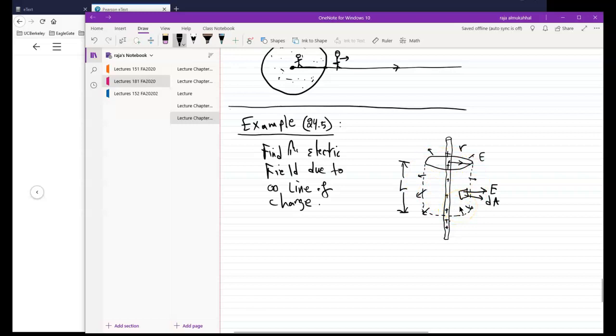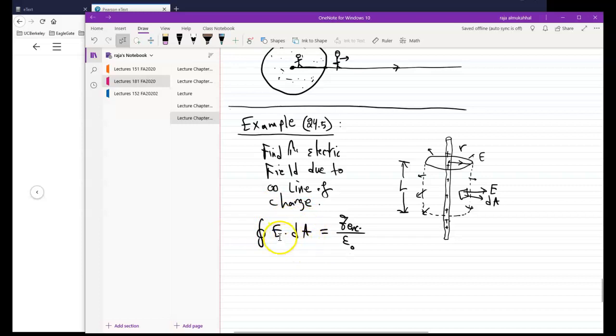So anyway, here is Gauss's law: the charge enclosed over epsilon naught. Now the left-hand side of it, remember, is no longer a sphere. This describes cylindrical symmetry, correct?